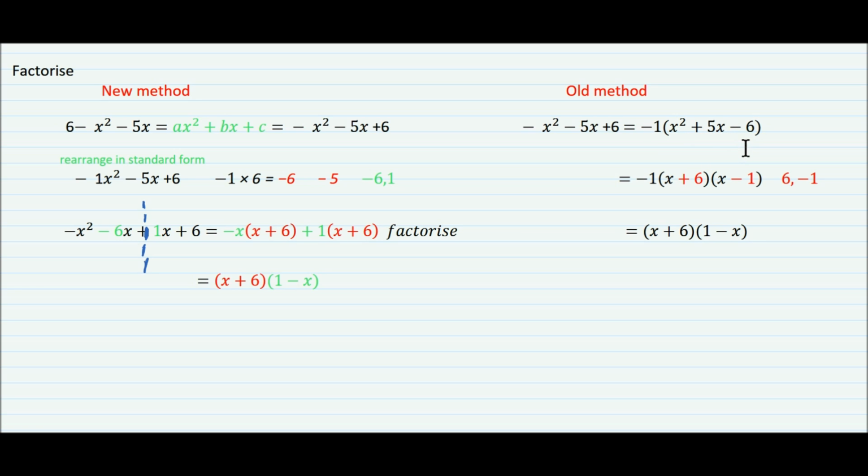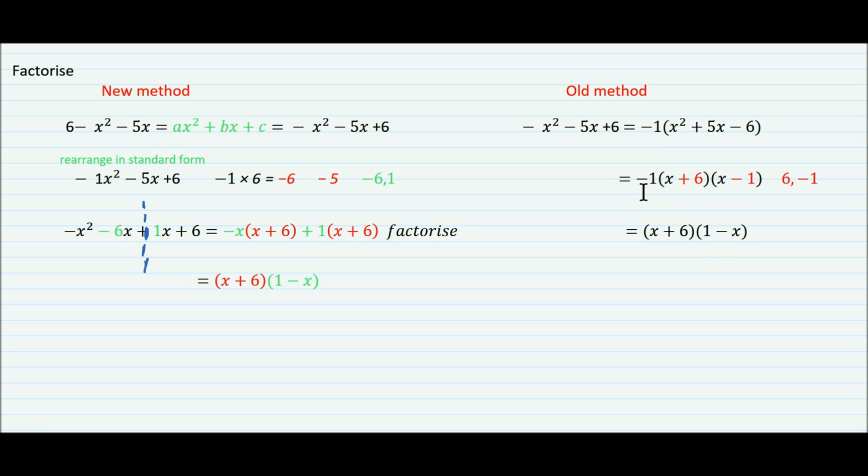Two numbers which multiply to give 6 and add to give plus 5. Well, minus 6 times minus 1 is minus 6? Minus 6 plus 1 is plus 5? So you leave the minus 1 here, and you put the plus 6 and the minus 1 here, and you leave the x and x.